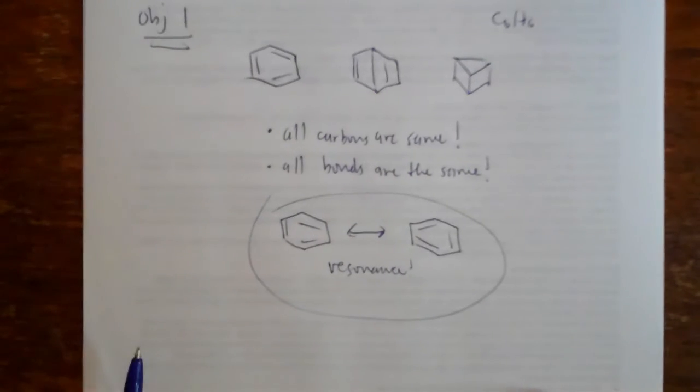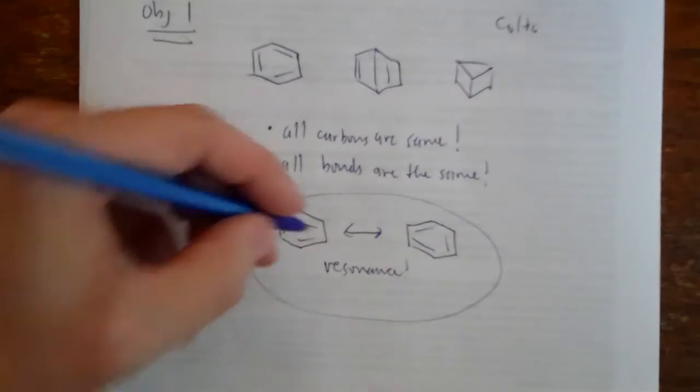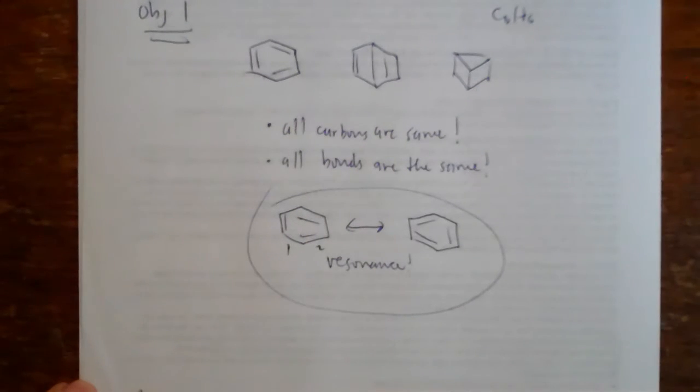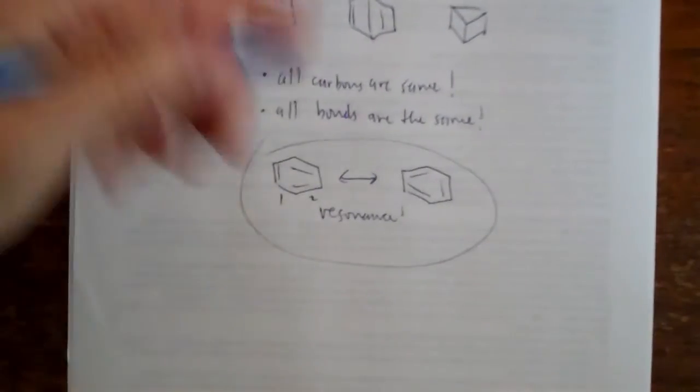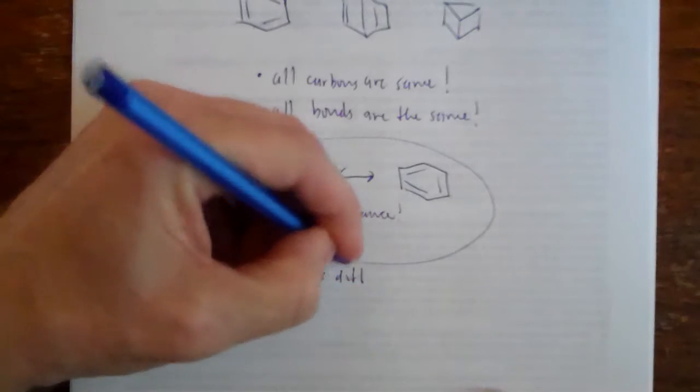So here's the classic question. I'm going to ask this on day 1, and I'm going to ask it probably many days thereafter. What's the difference between bond 1 and bond 2? That's one way I'm going to ask it.